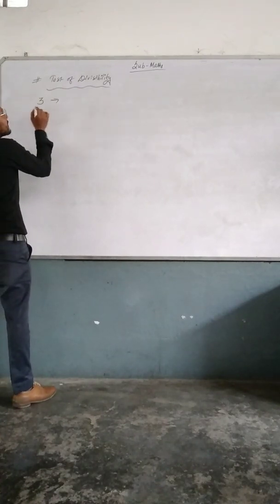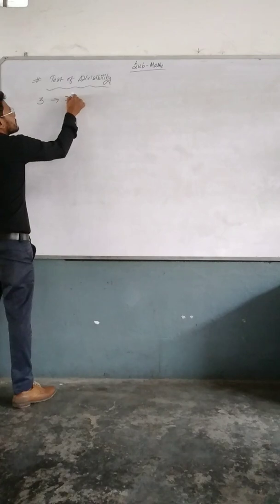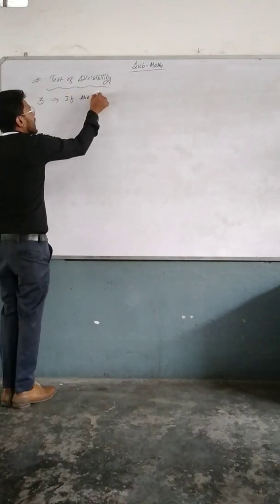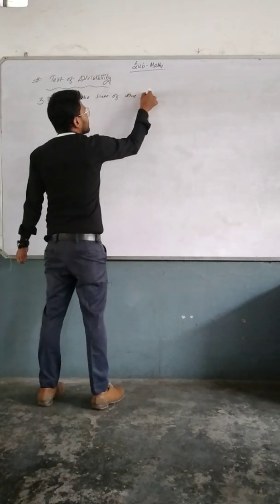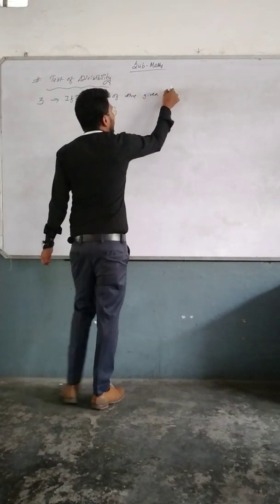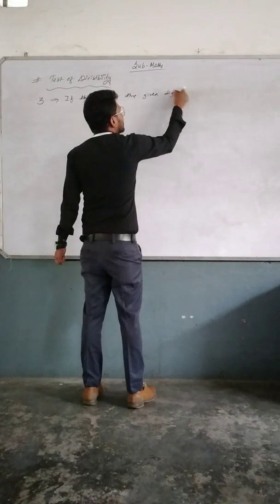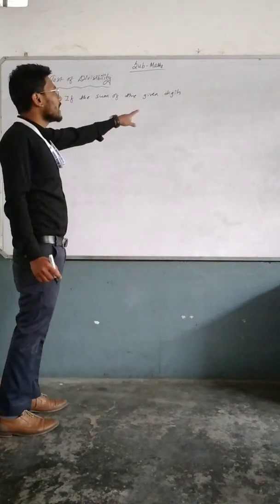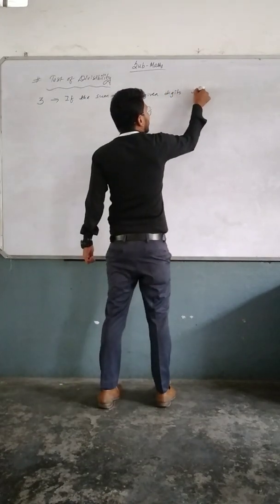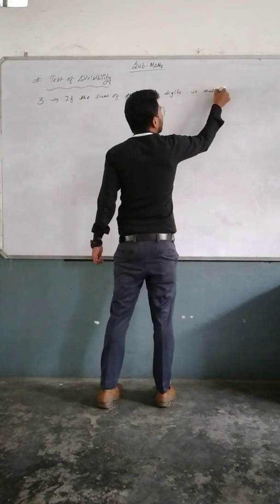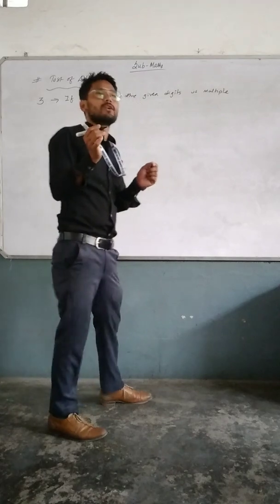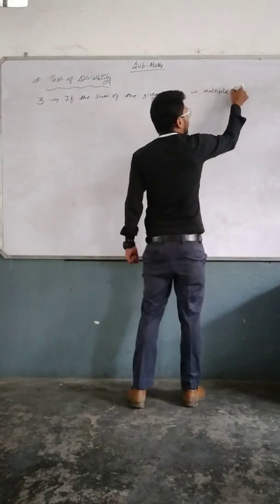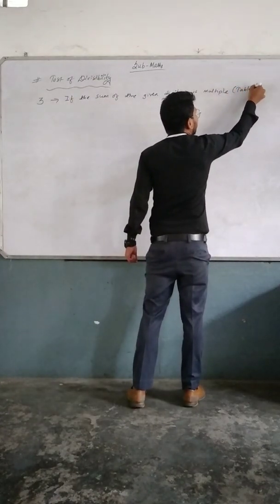Now for checking 3, if the sum of the given digits is a multiple. If I write multiple, you will get a little puzzle over there. But if I write table, then everyone will understand this one. Yes, table you know.